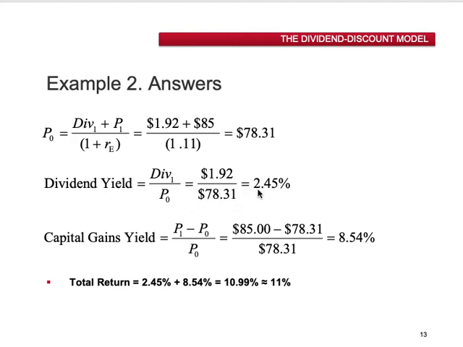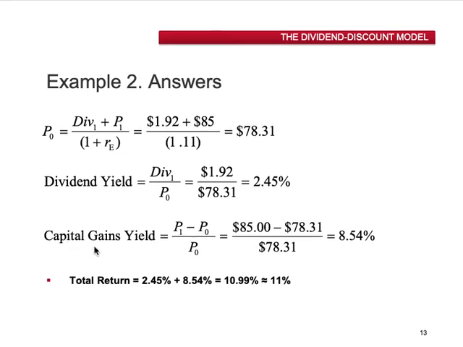That will give us a dividend yield of 2.45%. And then the capital gains yield, that is the expected share price 1 year from today, minus the current share price at T0, divided by the current share price at T0, gives us a capital gains yield of 8.54%.